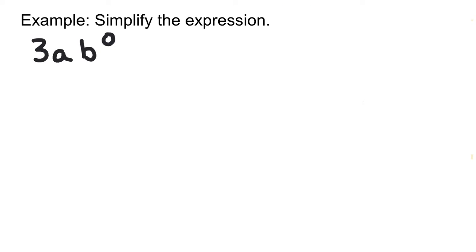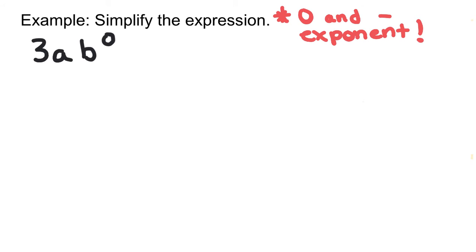In this next example, again, we're going to start by identifying 0 and negative exponents. And what we can see is I have a 0 exponent right here, and we know that whenever we have a 0 exponent, that means that this really is just equal to 1.